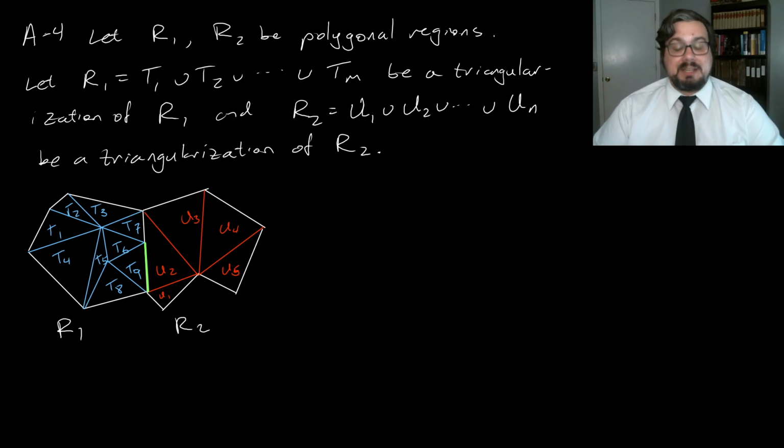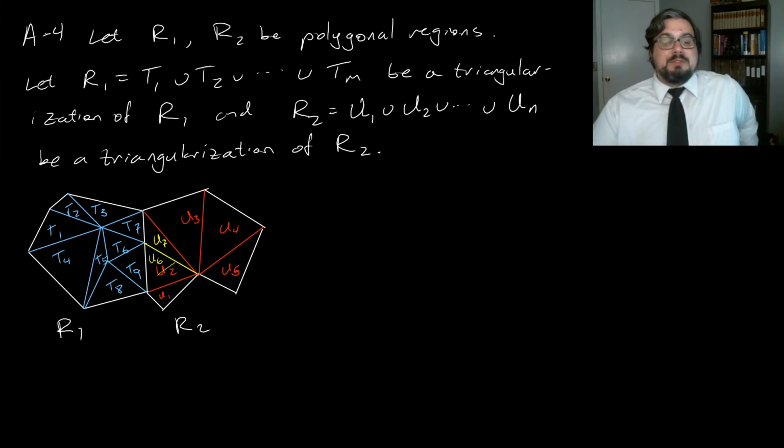However, we can fix this. We can refine the triangularization of R2 by introducing a new line to it that goes like this. And now we can split the original triangle U2 into a couple more, which we'll call maybe U6 and U7.